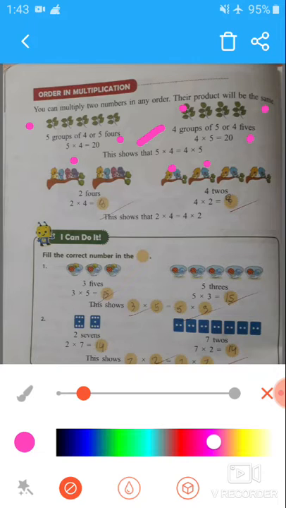Now students, look here. 4 birds in this branch and 4 birds in this branch. It means 2 fours. So 2 multiplied by 4 equals 8. There are a total of 8 birds. Next, there are 4 branches of trees, and in one branch there are 2 birds.